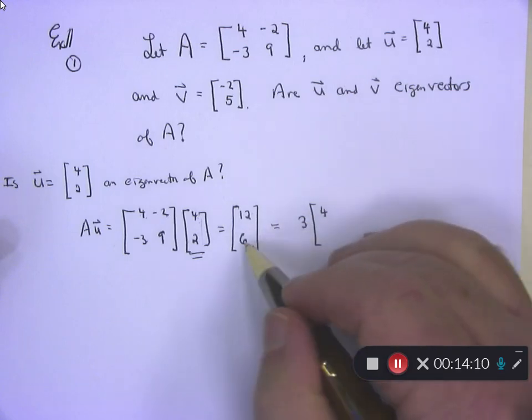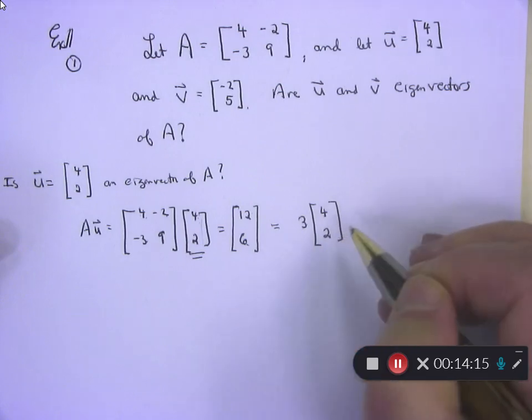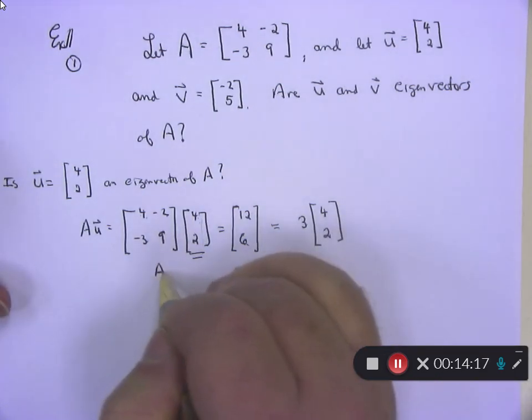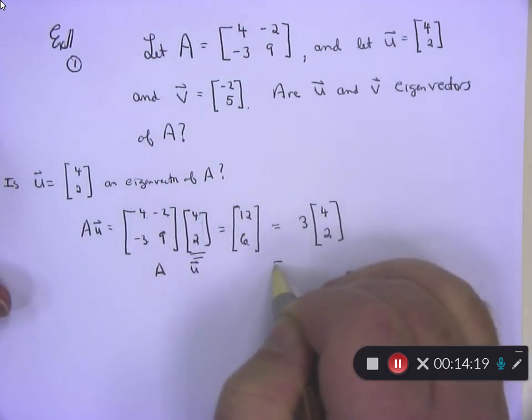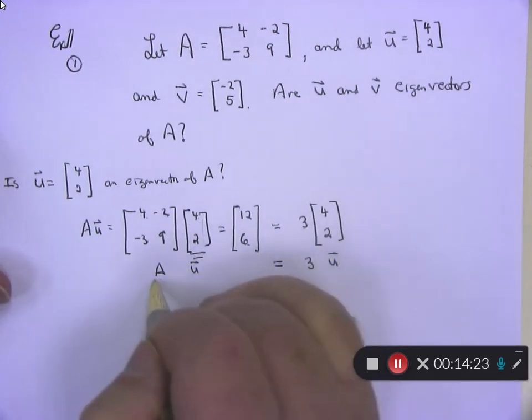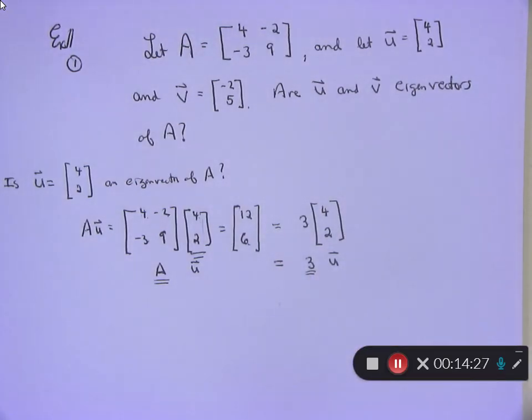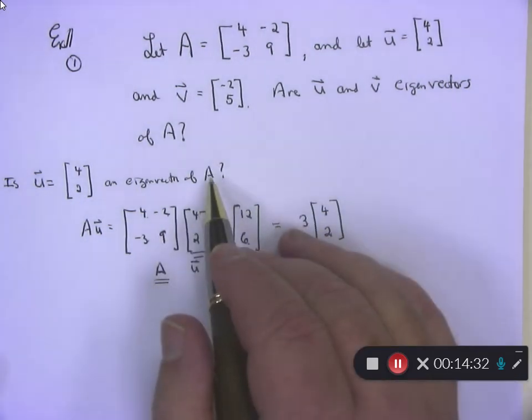But if I pull a 3 out of a 6, what do I get? 2. And what I want to show you is this. This is A times U, and what I'll end up getting over here is equal to 3 times U. Matrix A is acting like 3 times U. Does that make sense?